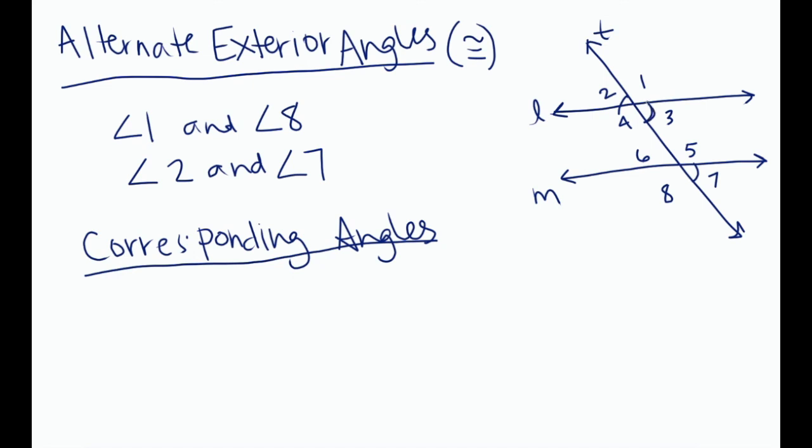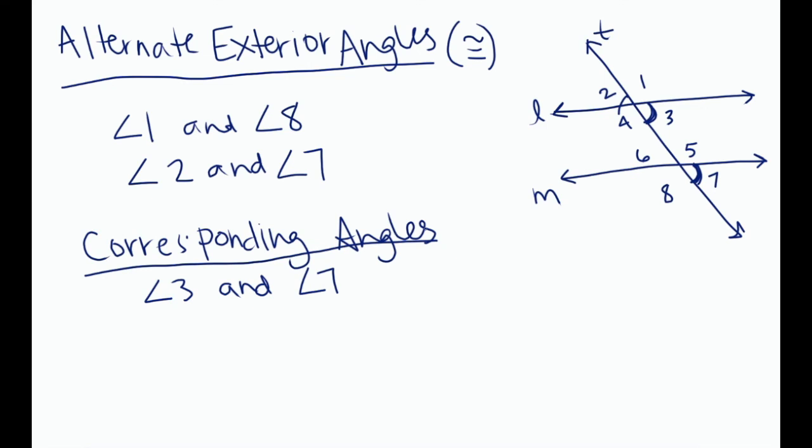So angle 3 here looks just like this. It has that kind of angle down to the bottom right. Do you see any other angle that looks just like it? Name something different. I see angle 7 down here. These two angles look the same. They are corresponding. So angle 3 and angle 7.